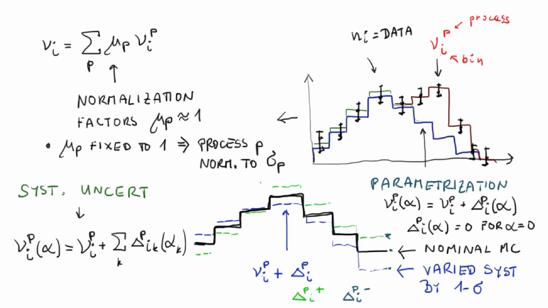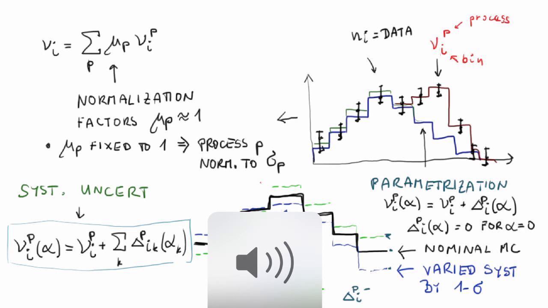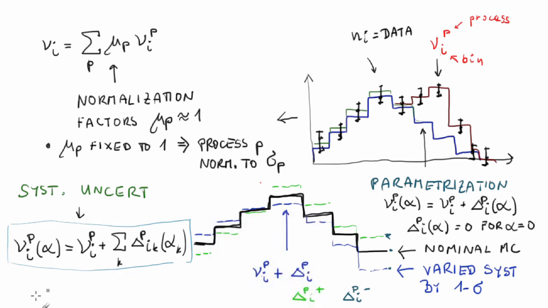Next, we have to choose appropriate constraint terms for the parameters α_k. Indeed, we are building a constraint likelihood function, and we are doing it in the way we described in the previous video. Actually, determination of the difference between the real and the simulated detector, together with estimation of the associated uncertainty, is, in fact, a supporting measurement.